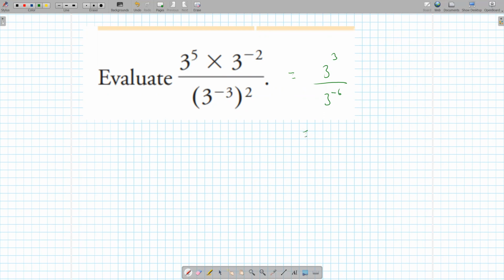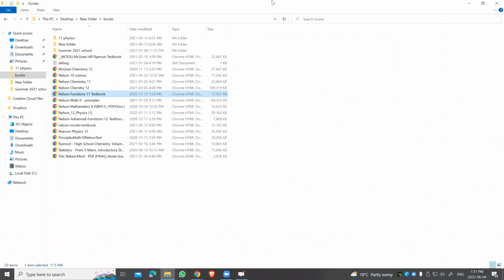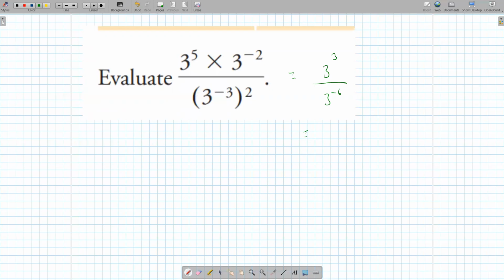Now what? The answer should be a positive exponent. This is what you do, okay? Because we want a positive exponent, we're going to have to toss this upstairs, okay? And when you take it up and down, basically the trick is the sign flips.